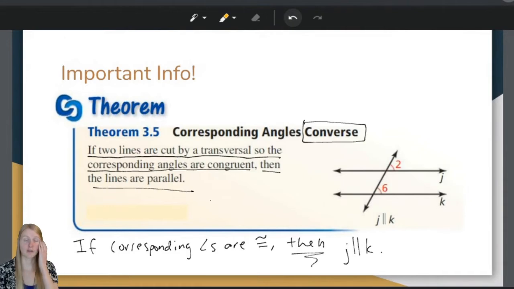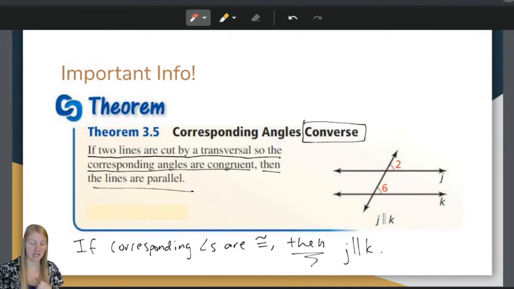So notice that in this diagram, I don't have any little red arrows, because the red arrows mean that the lines are parallel. And in the beginning, I don't know that the lines are parallel. All I'm told is that angle 2 is congruent to angle 6.